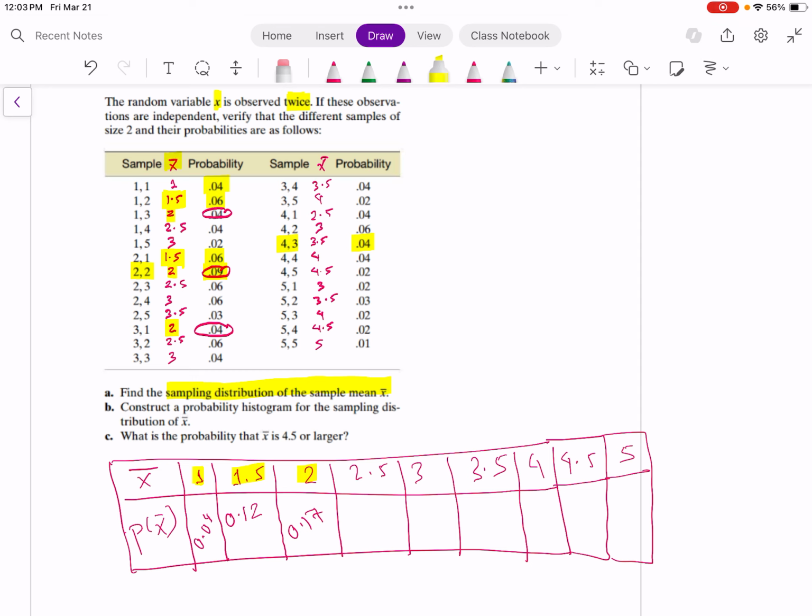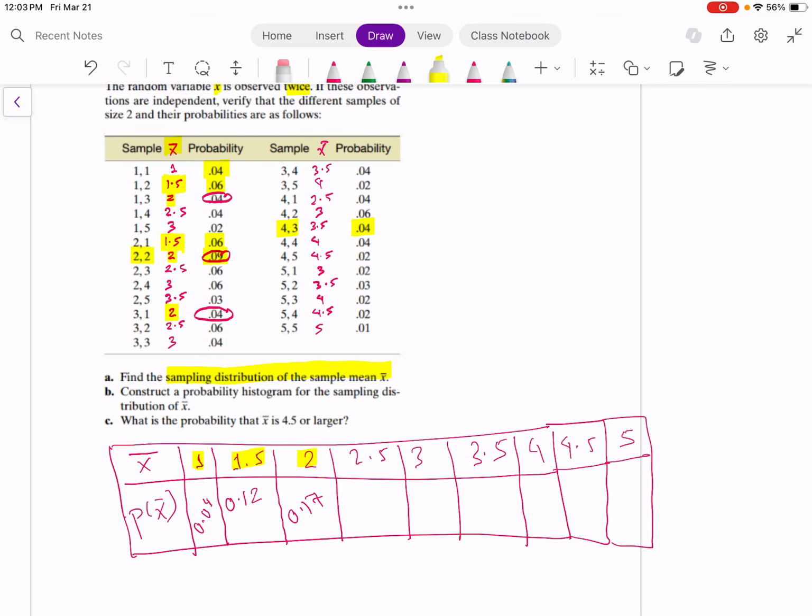Now the next step is to find the probability that x bar takes each number. Our x bar takes 1, 1.5, 2, 2.5, 3, 3.5, 4, 4.5 and 5. Now we are at 2.5.